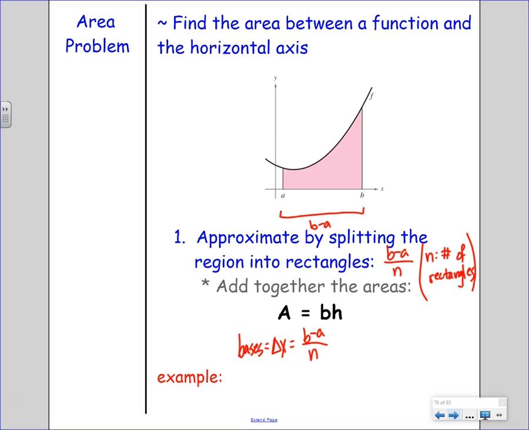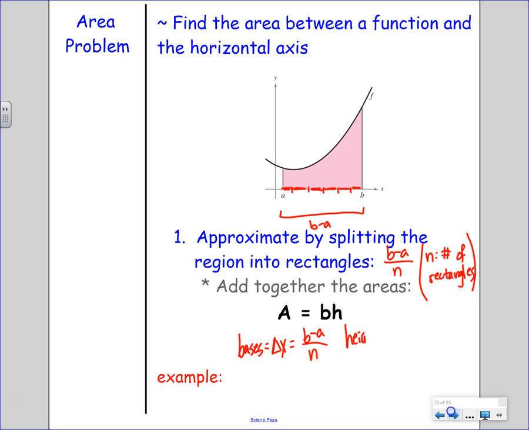When we split this up into little regions, the base of each rectangle is going to be that little delta x, the distance between each of the little endpoints, which is the same as taking b minus a and splitting it into those n pieces. Those are the bases, little delta x's.